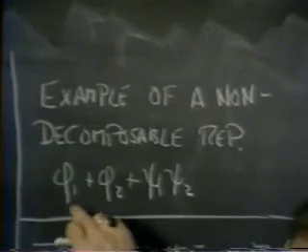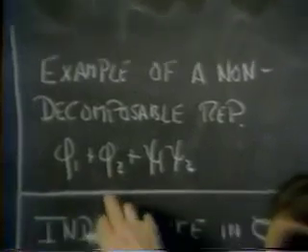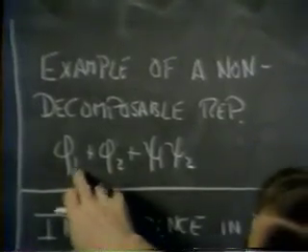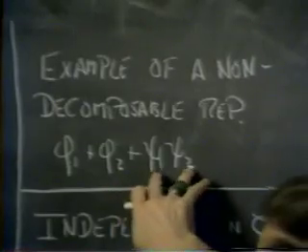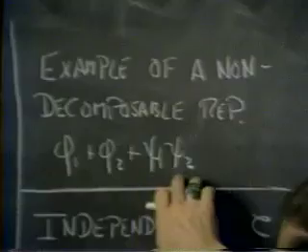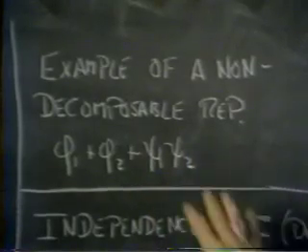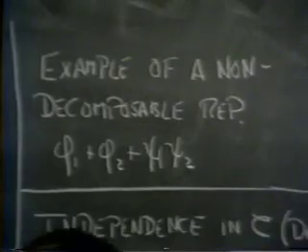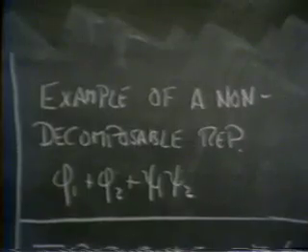Then if I had a representation that associated with each pair, AP, the phi1 value of A plus the phi2 value of P plus the product now of the psi values of A and P, that is not a decomposable representation. One cannot put that in the form of a function of just two functions, one on each component.